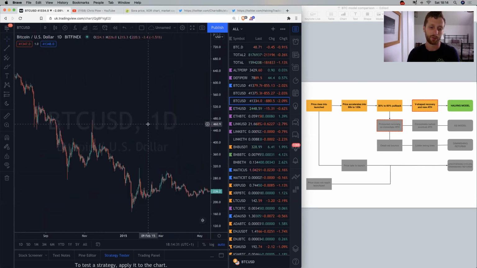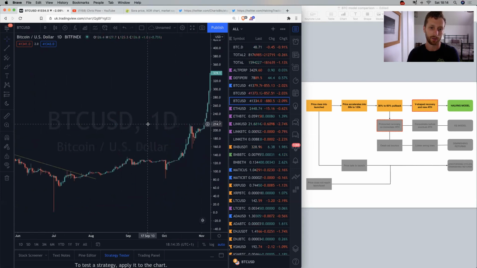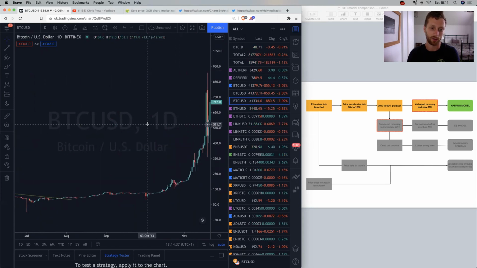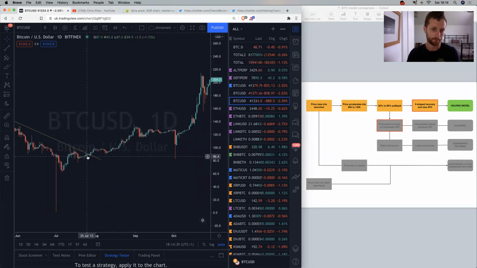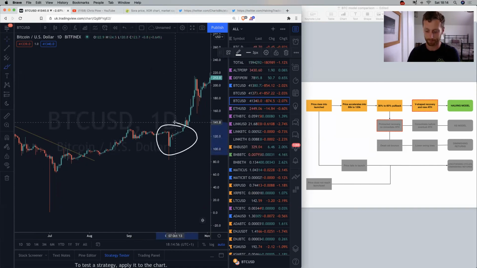We'll quickly see if 2013 looked similar, and it does look similar. So we break the most important trend line in crypto. This area looks a bit different, and maybe we'll have something similar this time, but it looks a bit different to 2013. But the launchpad zone, being somewhere around here.